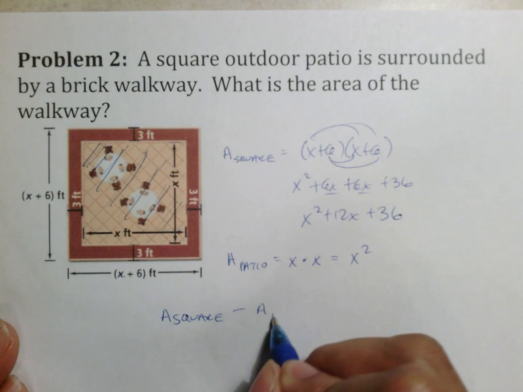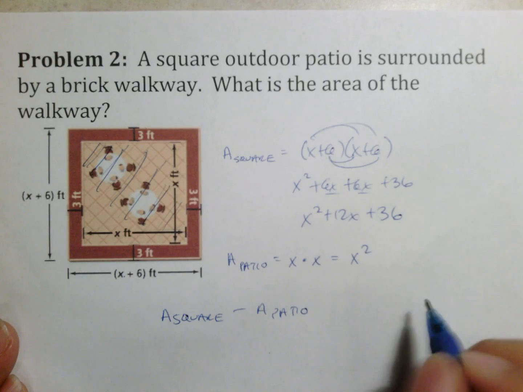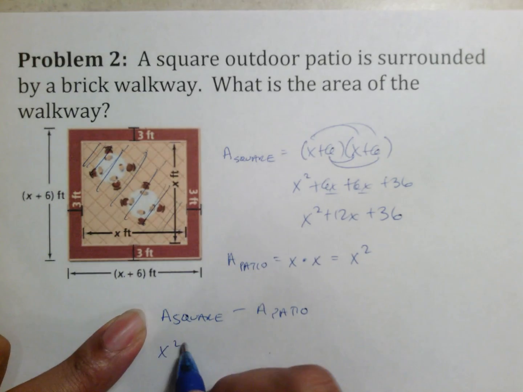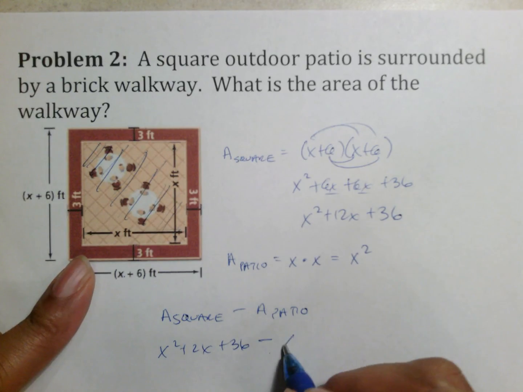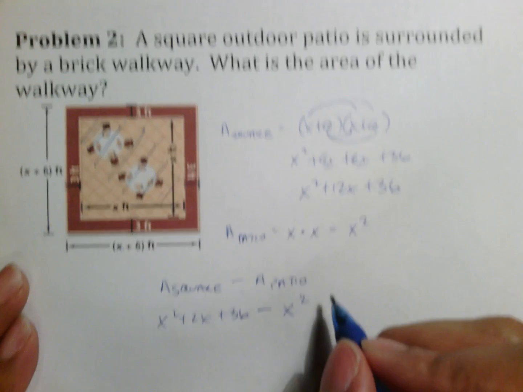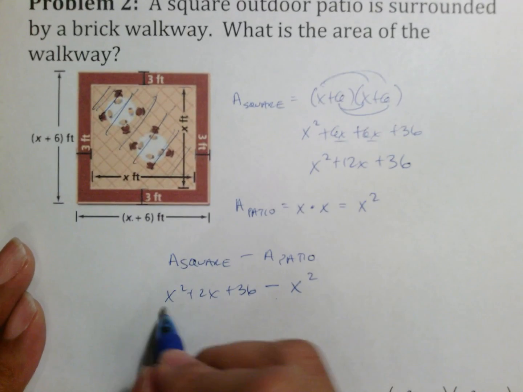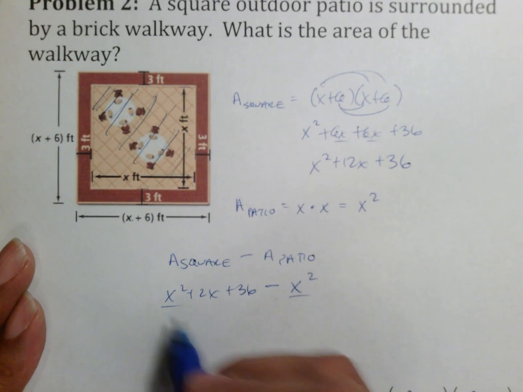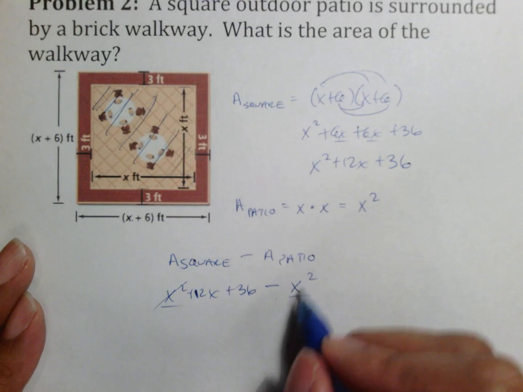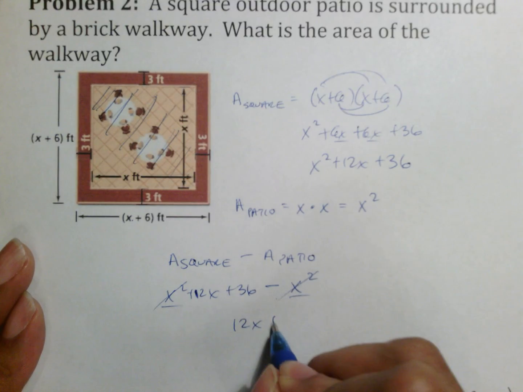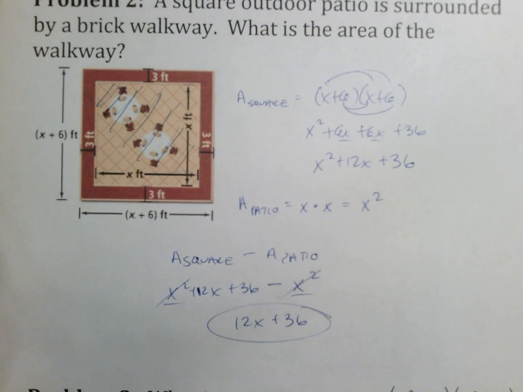Take away the area of the patio, which if you substitute that, you get x squared plus 12x plus 36 minus x squared, which when you work that out and put your like terms together, these two things cancel out. X squared and negative x squared cancel out, giving us 12x plus 36 as the area of the walkway.